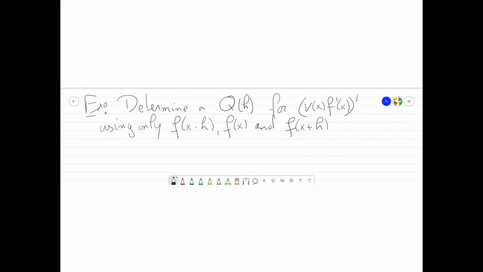So it's going to be a central difference. And you may assume v of x is known. So it's a known function. Whatever x you have, you can put it in.